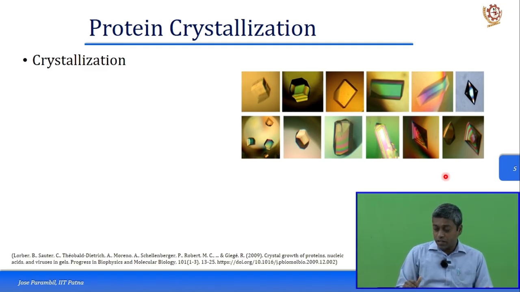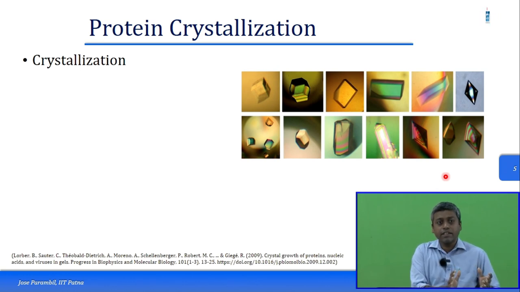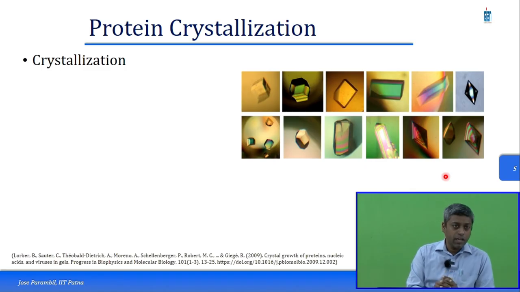Now coming to macromolecules, especially proteins. The initial examples I gave, sugar, salt and so on, are very small molecules with very little flexibility. But proteins and macromolecules have quite a lot of flexibility.